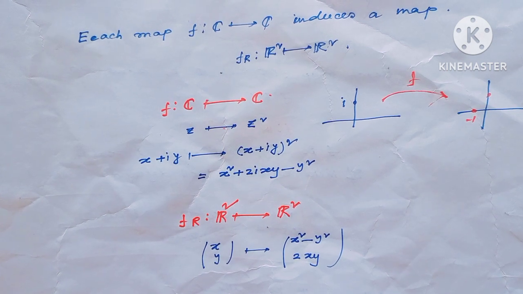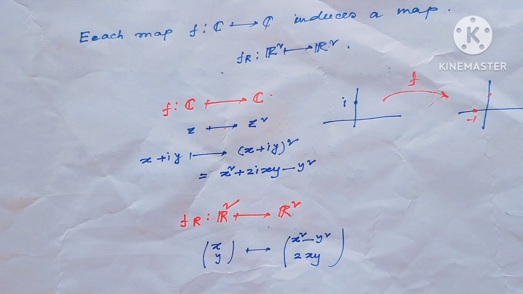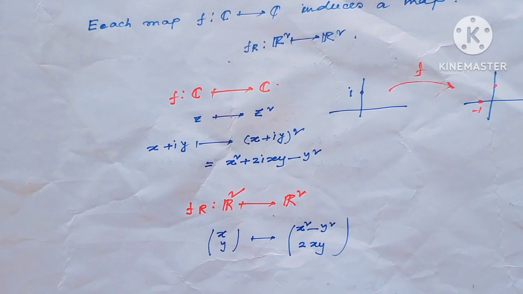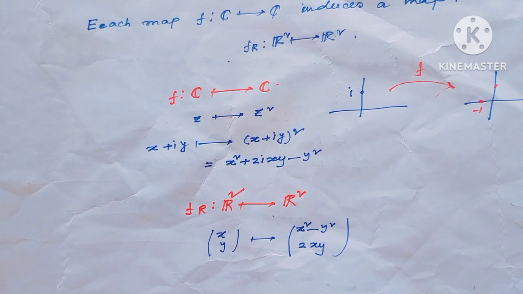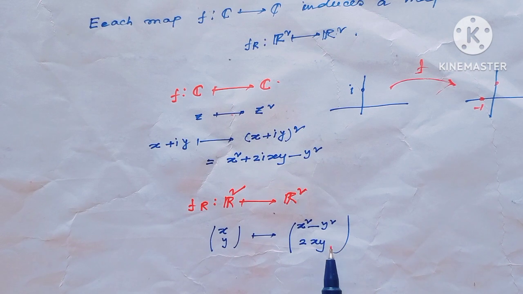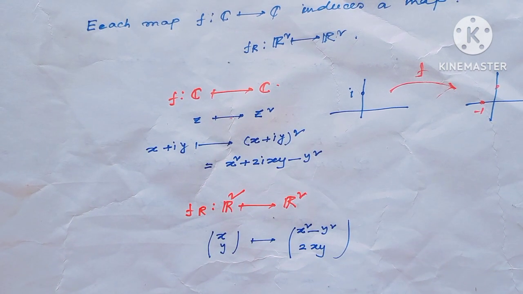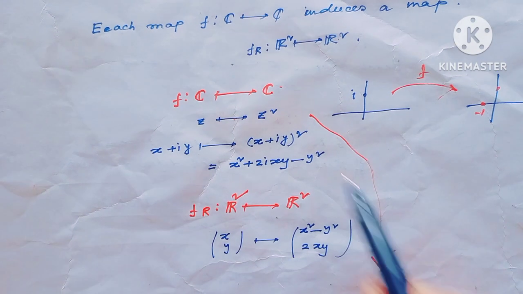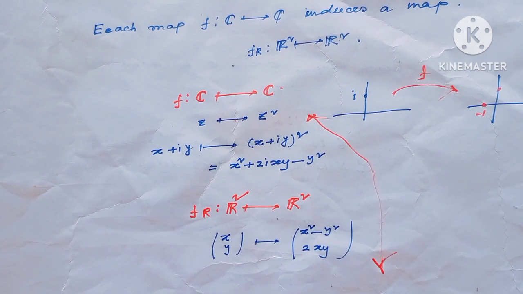That means this would be x squared plus 2ixy minus y squared. And when the function is defined from R2 to R2, then (x, y) goes to (x squared minus y squared, 2xy). This is similar. I hope all my viewers have understood this example.